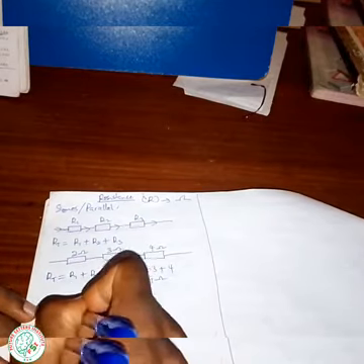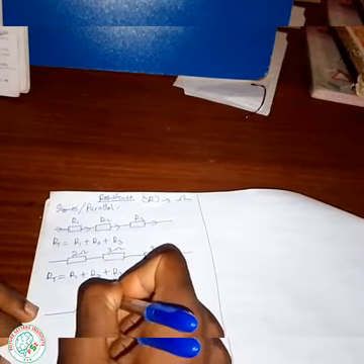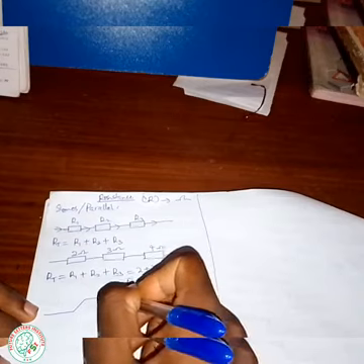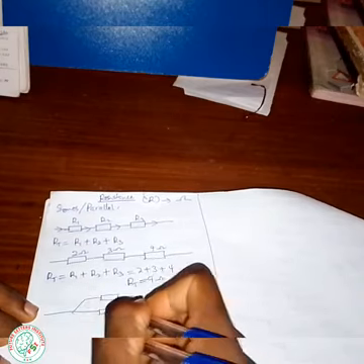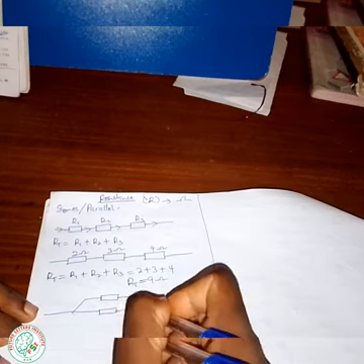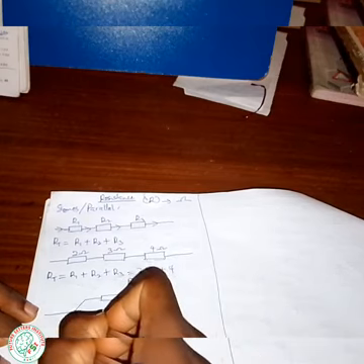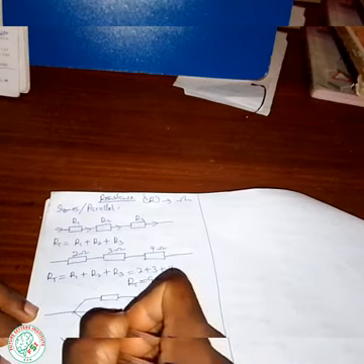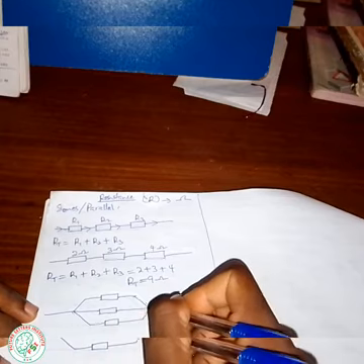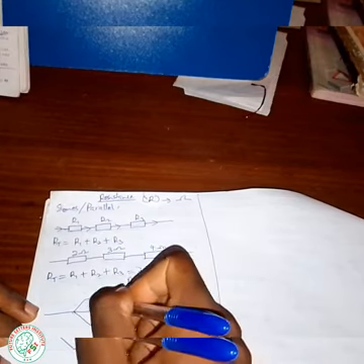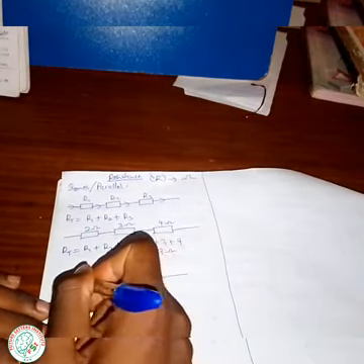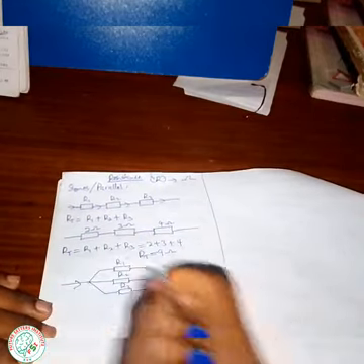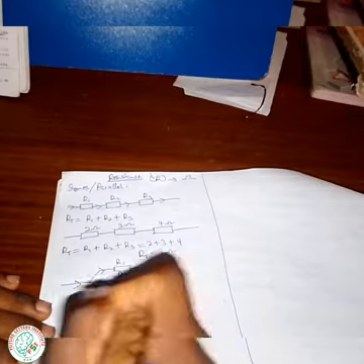Then for parallel connection, let's say this is in parallel. We're arranging in parallel, so we have something like this, and this is R1, this is R2, and this is R3.